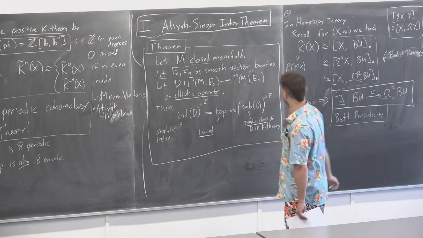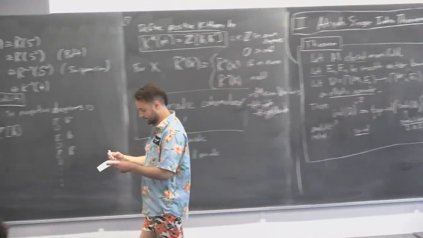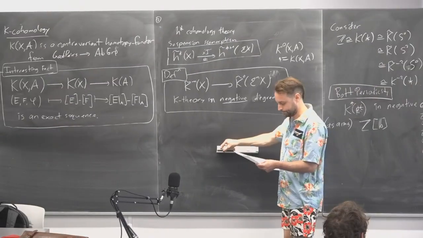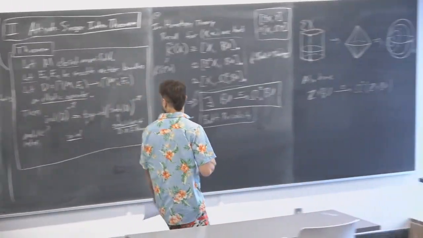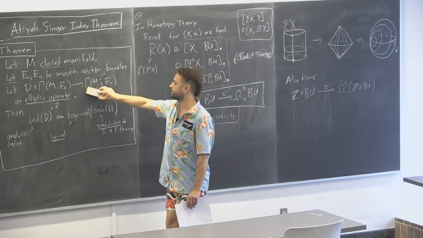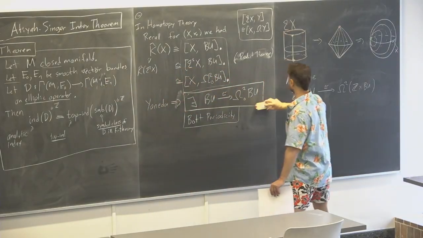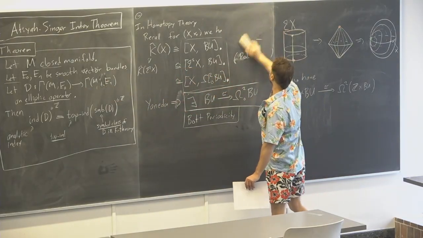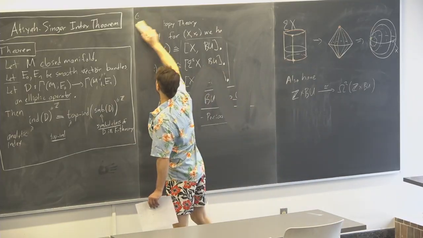So the fact that these should be related at all is going to be really surprising when we actually get into the details a little more. Okay. And this Gamma is the space of smooth sections. I think we talked about that previously a few times. Okay, so let's start talking about what these words mean.